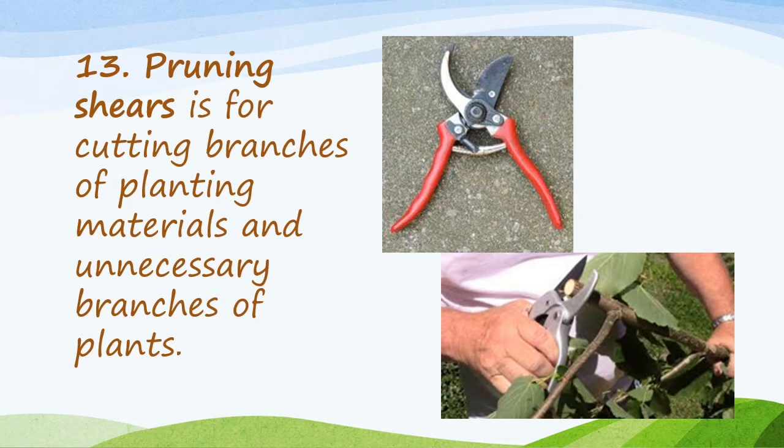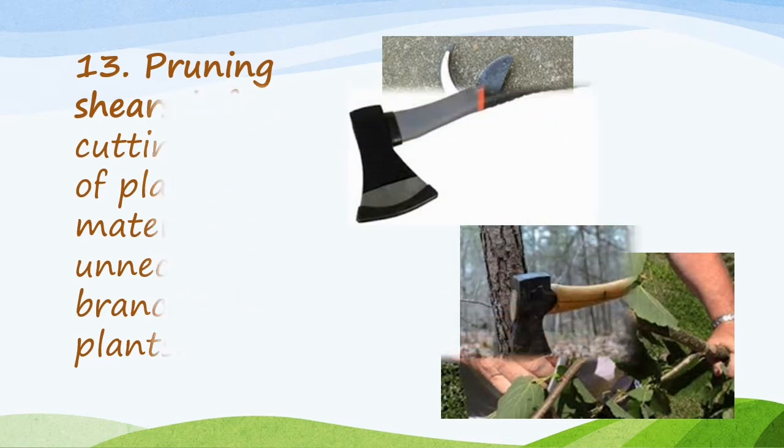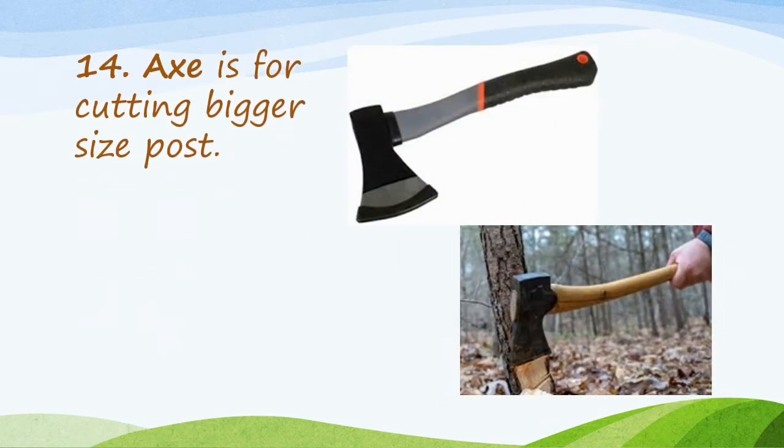Number 13, pruning shears is for cutting branches of planting materials and unnecessary branches of plants. Number 14, axe is for cutting bigger size posts.